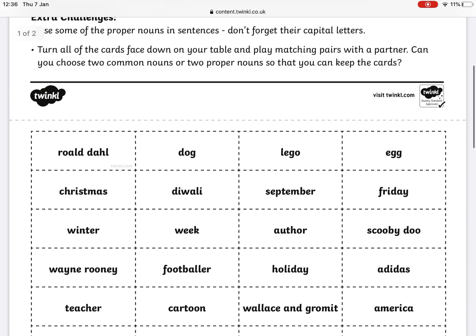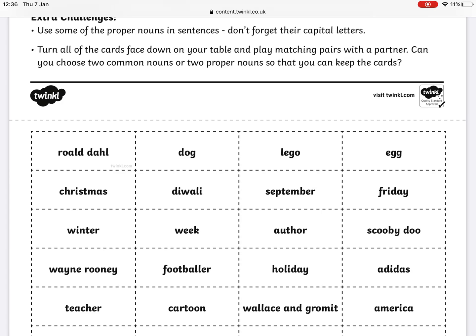A game that you can play with these once you're finished, if you have cut them out or written them on paper, is to turn all the cards face down on your table and play a matching pairs game with a partner. Can you choose two common nouns or two proper nouns? You get to keep the cards.